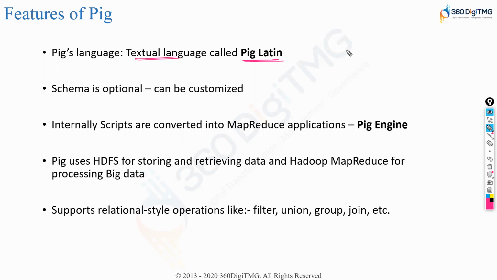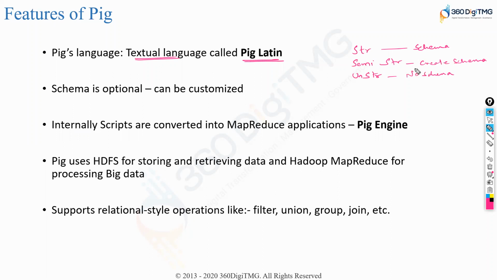The benefit here is, remember we talked about how Pig can work with structured data, semi-structured data, and also unstructured data. Whenever we talk about structured data, a schema will be there. For semi-structured, we can create or assign a schema. But in unstructured, we will not have any schema.